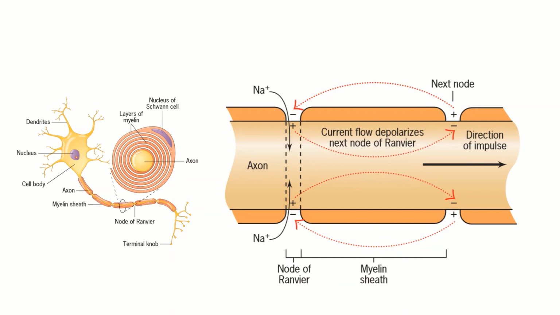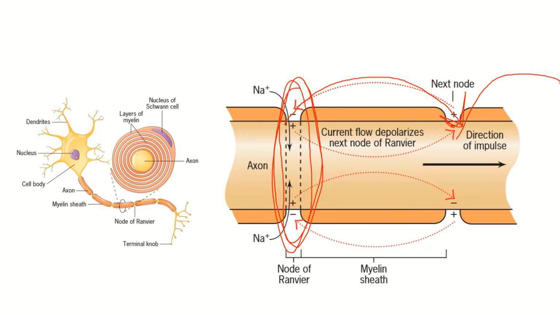What's more is that the insulation is not throughout the axon, but there are gaps, as you can see here. These gaps are known as the nodes of Ranvier. And when the action potential moves along the axon, it jumps from one node of Ranvier to another, so that its movement is a jumping movement along the nerve cell.